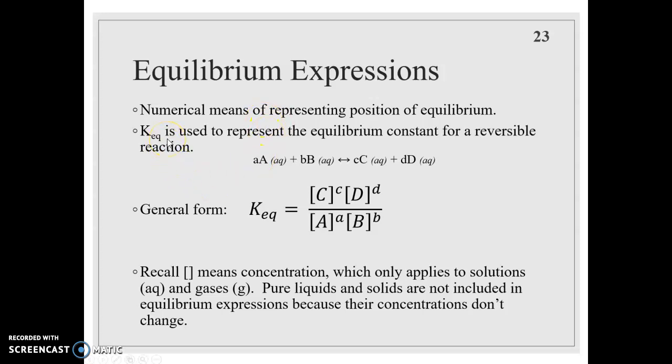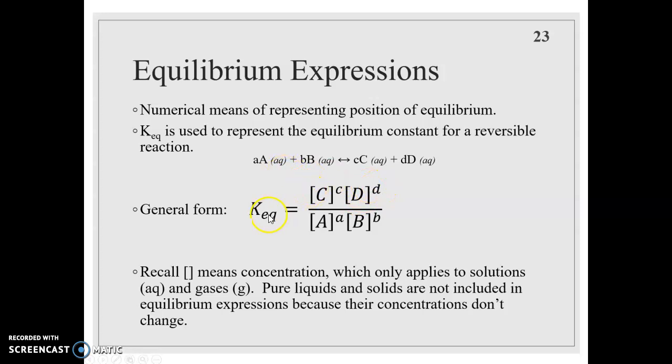K_eq is the equilibrium constant for a reversible reaction, and the equilibrium expression says the equilibrium constant is equal to this combination of concentrations. Now, where do we get all of this from? The reaction we've written is just a generic reaction. It has two reactants and two products. If we only had one product, you wouldn't need D.